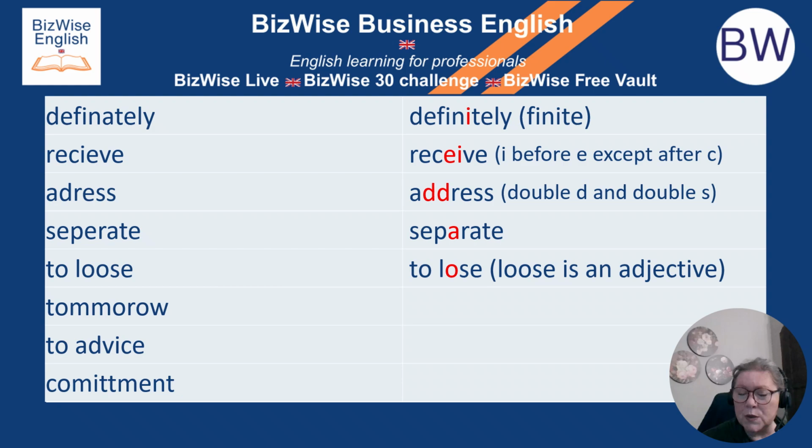To lose only has one O. To lose something means you cannot find it. Loose with a double O S, loose, is an adjective to describe the opposite of tight. Loose, tight. Tomorrow only has one M but two R's.